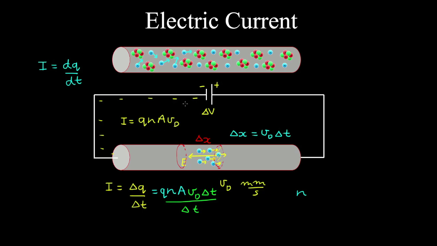So noting the charge carriers in the wire are electrons, so Q would be minus e, where e is the elementary charge. And note that current has units of coulombs per second. So 1 coulomb per second is 1 ampere, or amp.